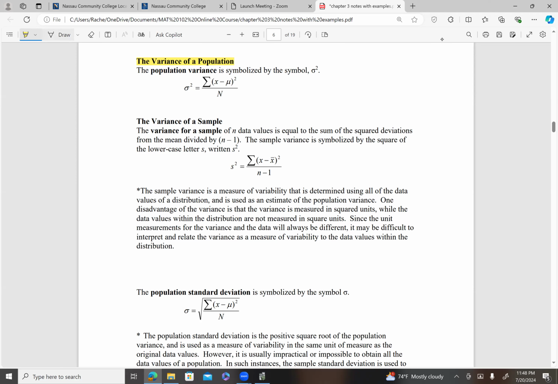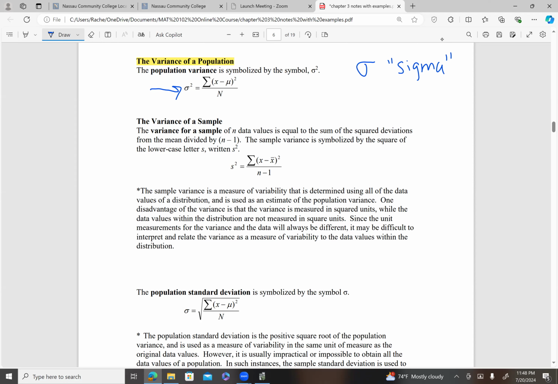So let me write this down. This is called sigma, and we use sigma squared to represent the population variance. The population variance is equal to the sum of x minus mu squared divided by capital N.